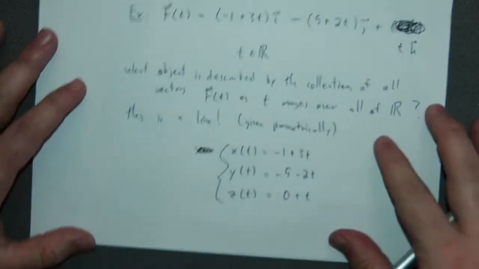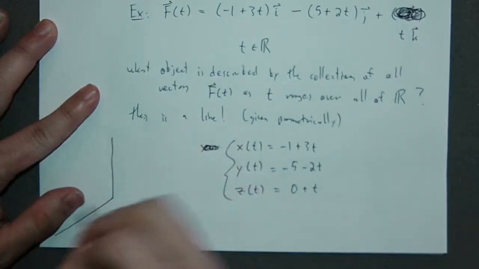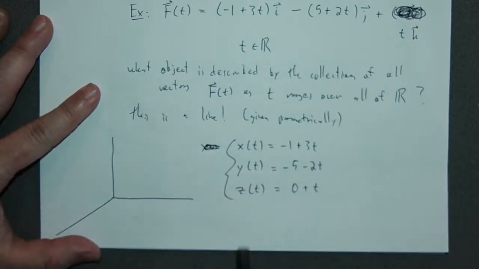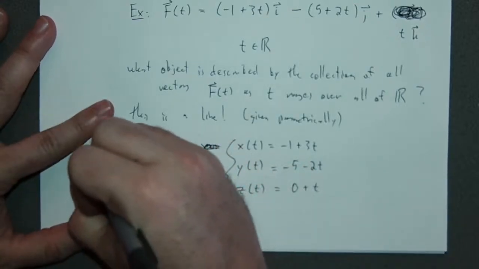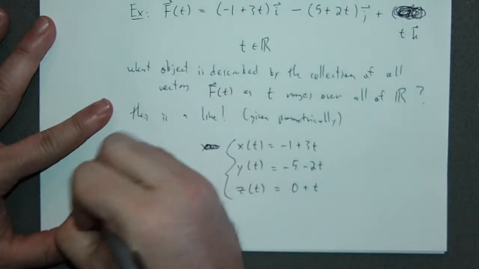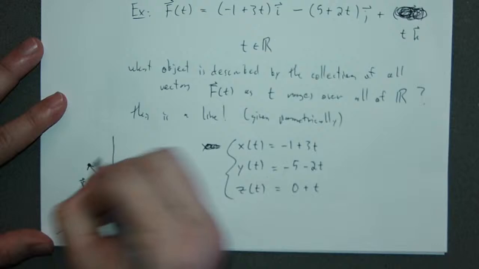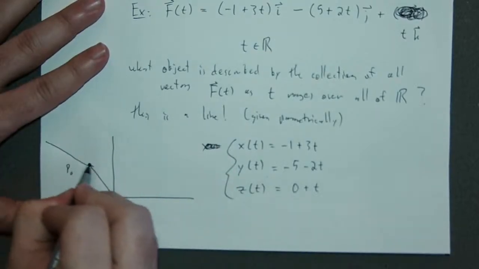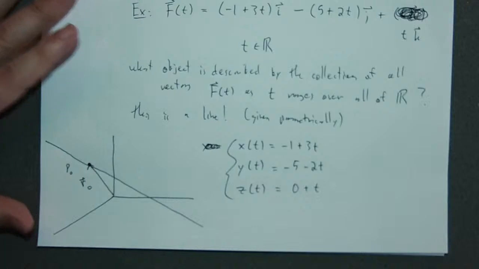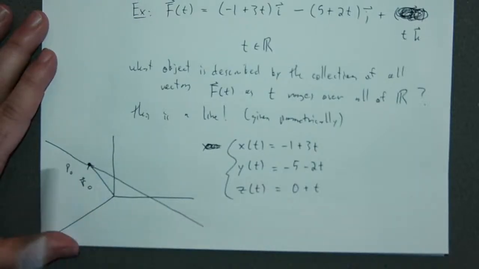Remember in our picture, when I drew this parametric description of a line, what was the idea? I had some r naught vector, which pointed to that initial point, P naught. And my line in space looked like this, passing through P naught.